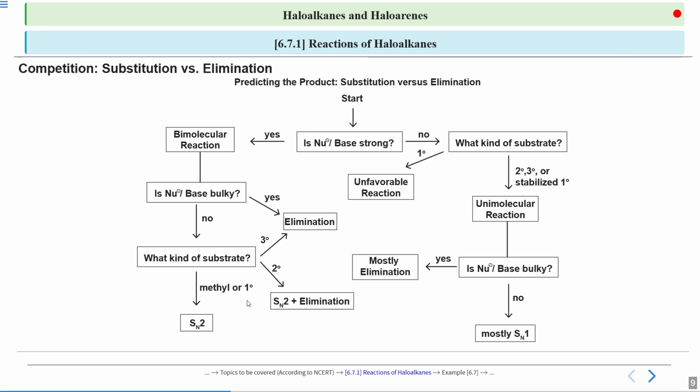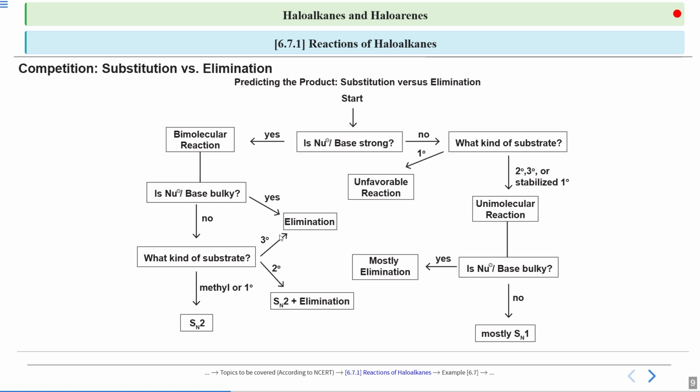Okay, and the elimination reaction is going to be favored by strong and also bulky nucleophiles or bases. And it also occurs mostly with secondary and tertiary substrates.